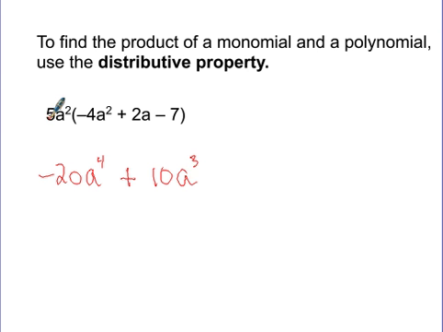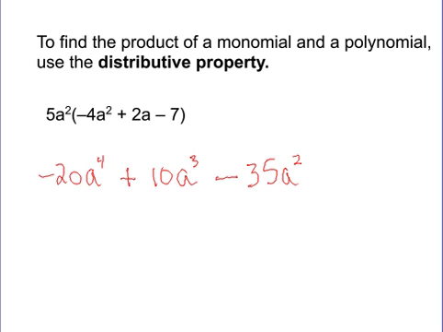And then you've got a positive 5a squared times a minus, so it's going to be a minus 35a squared. Because this does not have a variable at all, it's just 35a squared. And then if you can, simplify. This one does not simplify, so we're done. That really is all there is to it.